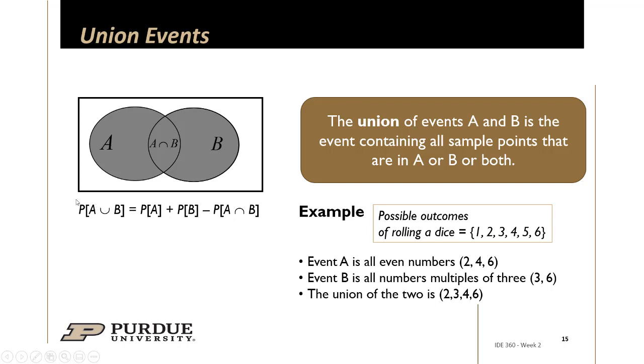Therefore, when you are calculating the probability of the union of these two, you will need to deduct the probability of that intersection one time. In this case, for example, if we take the same events A and B, the union of the two would be 2, 3, 4, and 6.